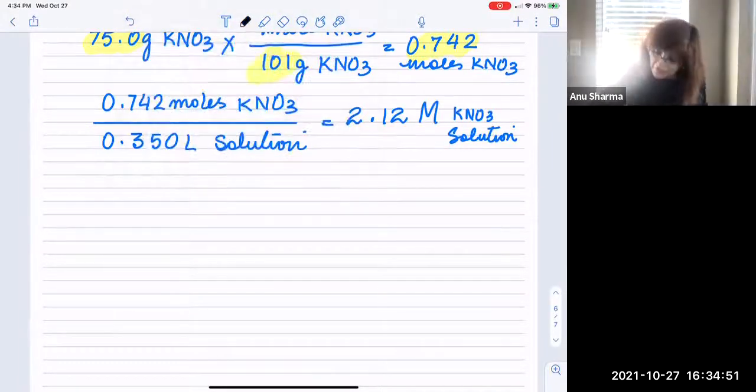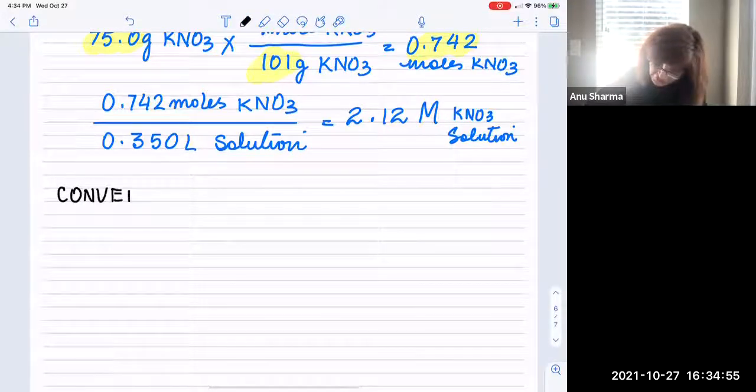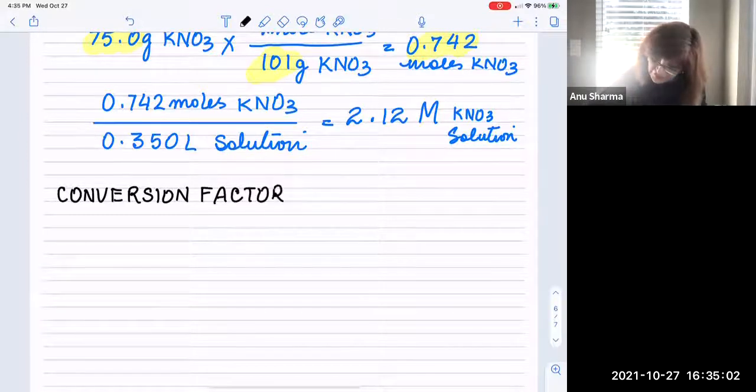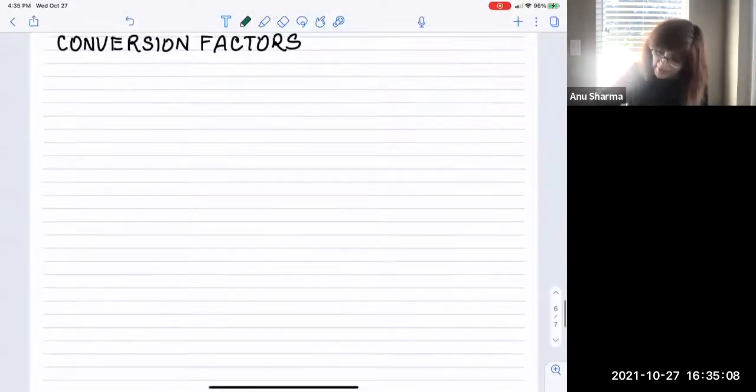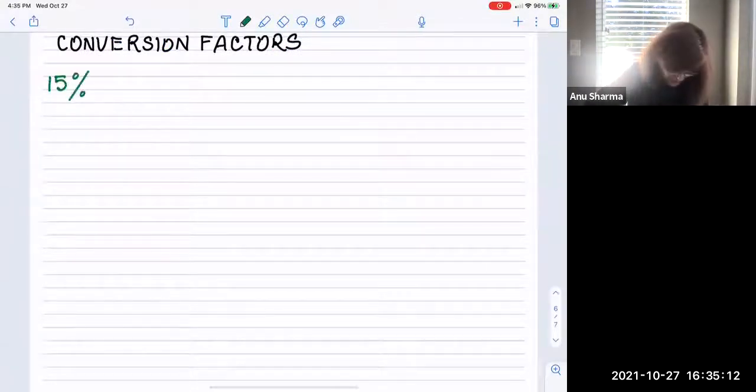Okay, now let's look at the conversion factors and how they look. If you have a 15% mass by mass sodium chloride solution, what does this mean?